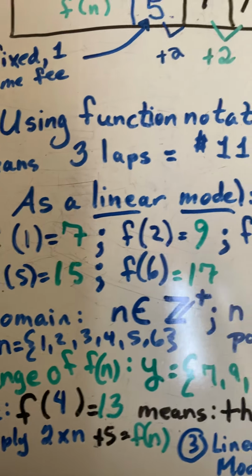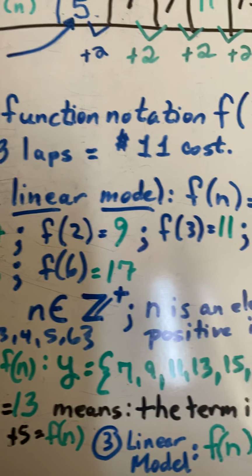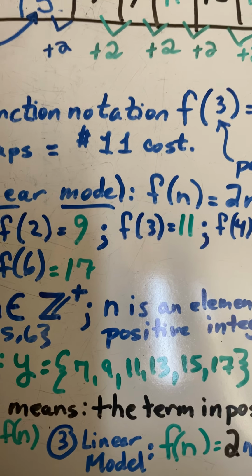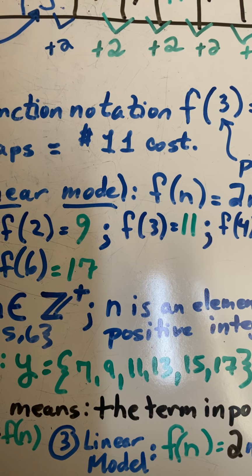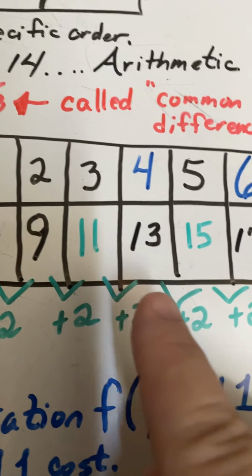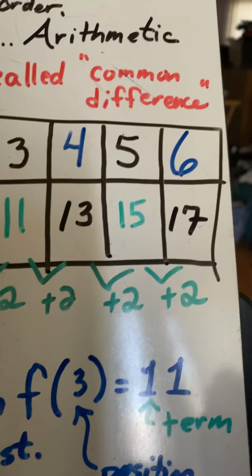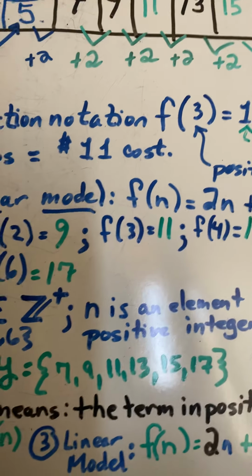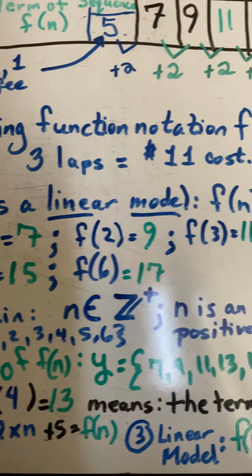The range would be our y's, or f of n equals. And in this specific example, 7, 9, 11, 13, 15, and 17. Siete, see f of n right here, es 7, 9, 11, 13, 15, 17. And so that would be our range.